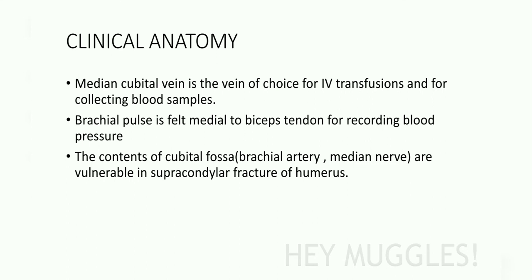So whenever we are dealing with any fracture around your elbow, we must look after the brachial artery and median nerve, as they are very vulnerable to supracondylar fracture of the humerus, right? So this was all about the clinical correlations of cubital fossa. We have covered the boundaries, the contents and clinical correlations in this video.